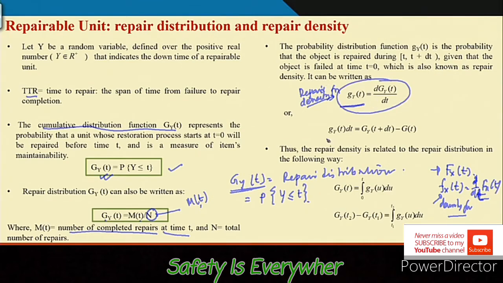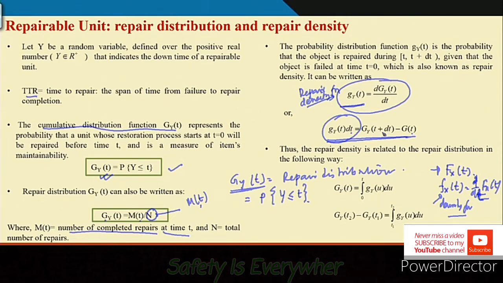Now, this can be written in this manner. Then what is this value g_Y(t) dt? This is basically the probability that the component will be repaired in between t and t plus dt, within this small dt time.